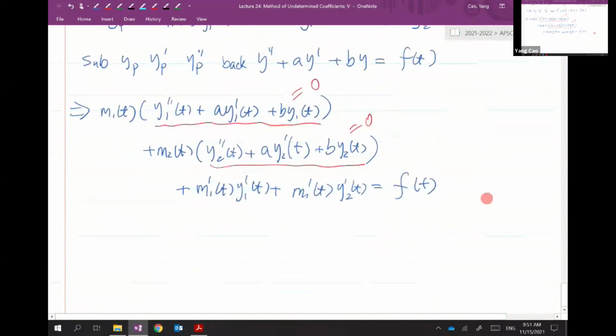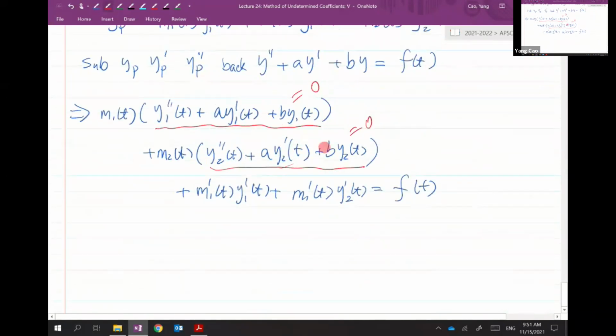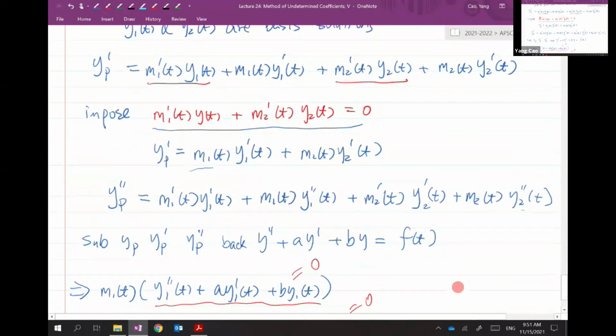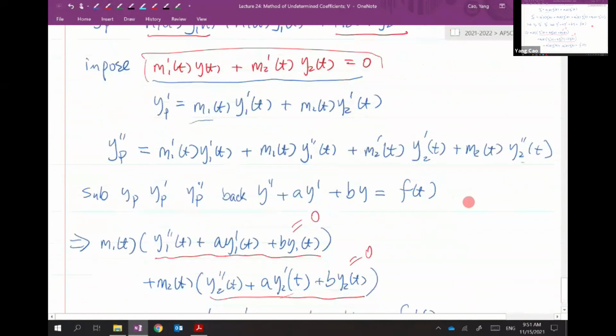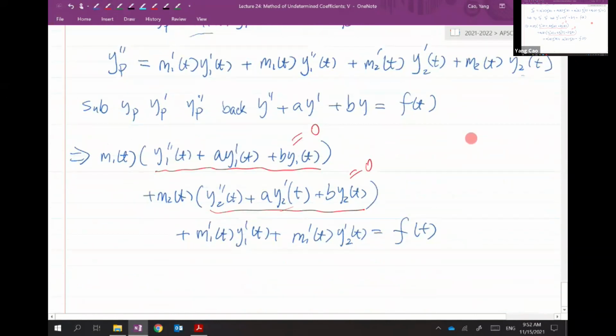That's why the two terms are gone. They are direct results of this imposed condition. If you don't impose that condition, then you won't be able to get the two zero terms. That's why that imposed condition actually worked. So you end up with just the last expression here.